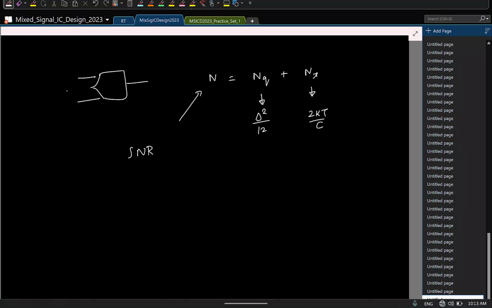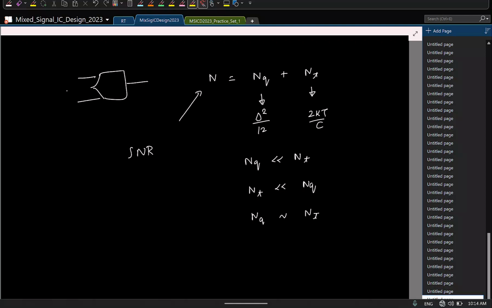Now as a designer, it is your job to budget this noise among quantization and thermal noise, right? So you can have basically 3 possibilities: the quantization noise is much smaller than thermal noise, thermal noise is much smaller than quantization noise, or both of them are roughly of the same order. Which case we'll choose, we'll see later, and it depends strictly on the application.